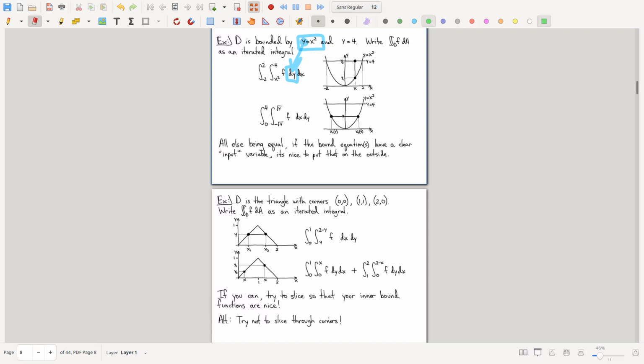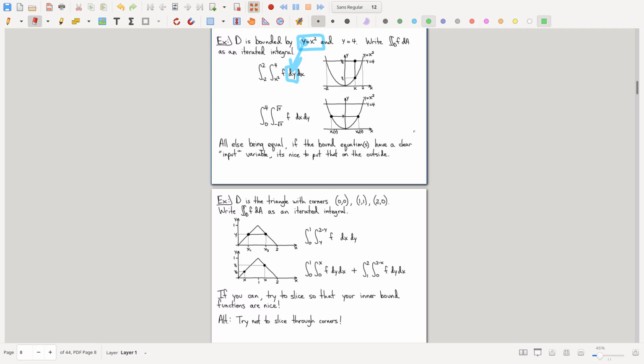And then if you look at this example down here, do I really need to worry about y being a function of x or x being a function of y? No, they're all straight lines. Who cares? It's just as easy to solve for one in terms of the other or vice versa. So this business about input and output variables is irrelevant to this example. So you need to understand both of these strategies to be able to advise you on different kinds of examples. And the good news is they won't conflict.